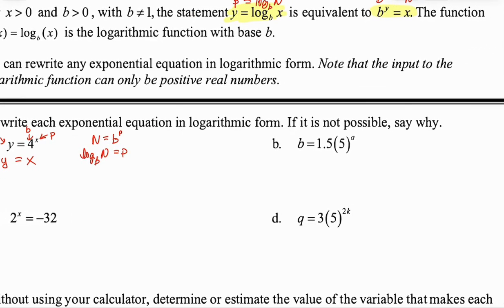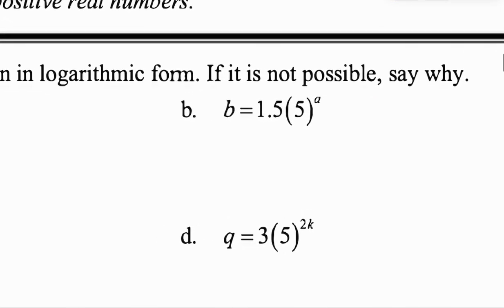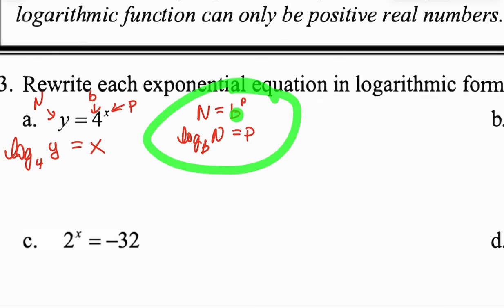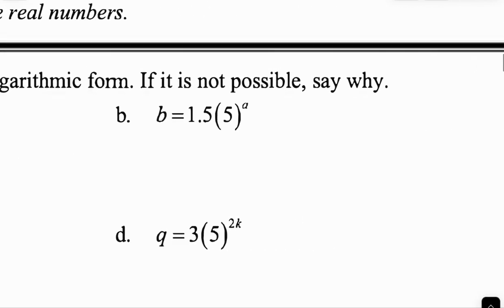Now, let's talk about b, because it's a little funky. You need to isolate this part. Remember, look at our notation. It is the base to a number. There's nothing in front of that. So the first thing you have to do for part B is divide off the 1.5.